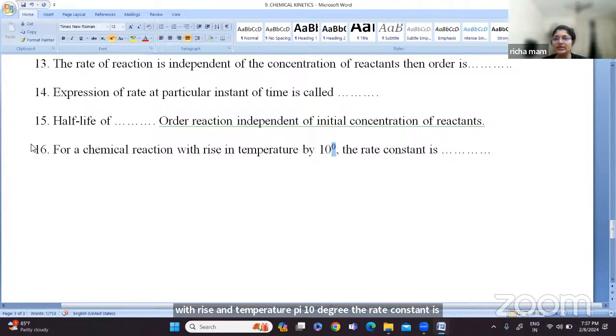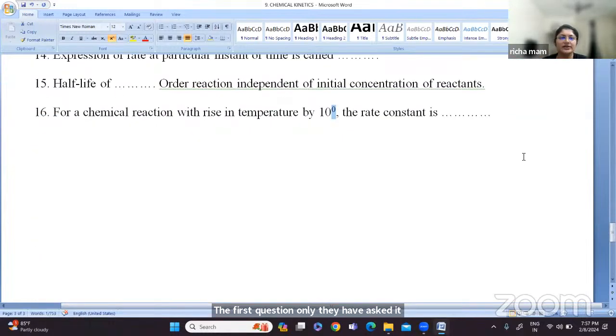The first question only, they have asked it again. Okay, it is doubled. The answer is doubled. Fine. Okay, so these are the questions.